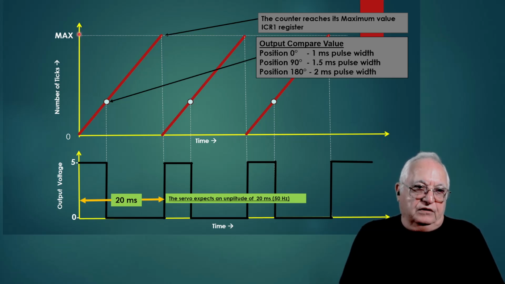The period of the signal, which has to be 20 milliseconds, is set up by the value that we put in the ICR1 register. So when the signal resets, it has to be at 20 milliseconds, so we get our correct period.